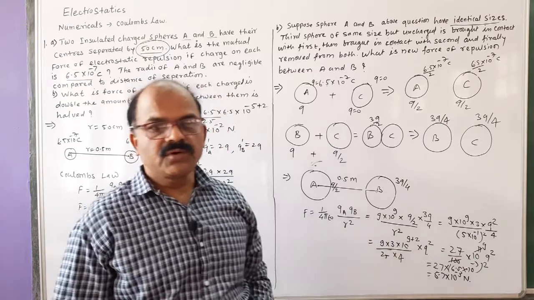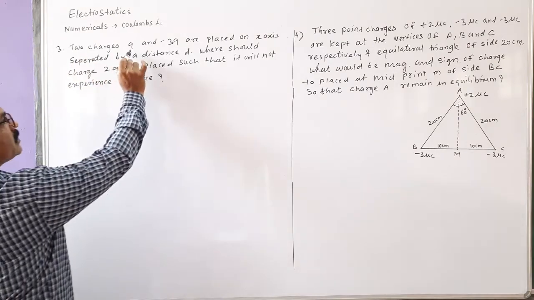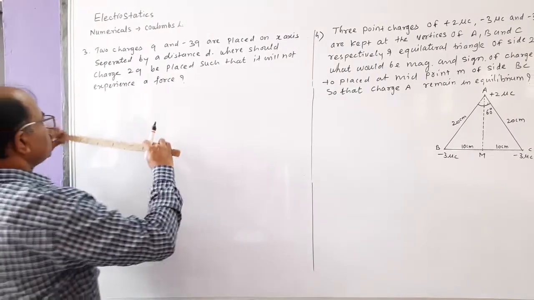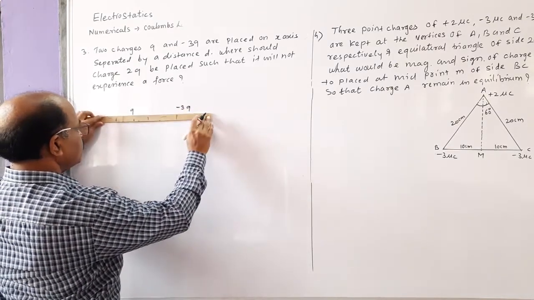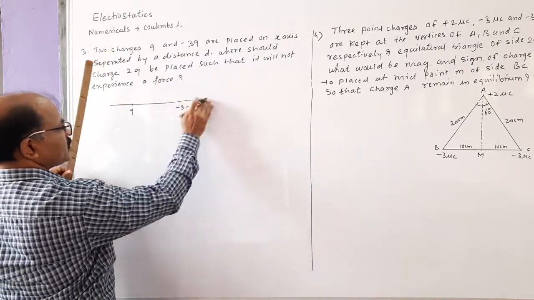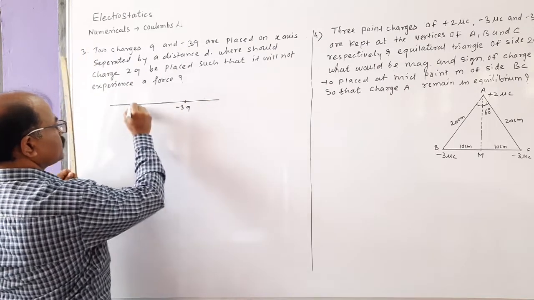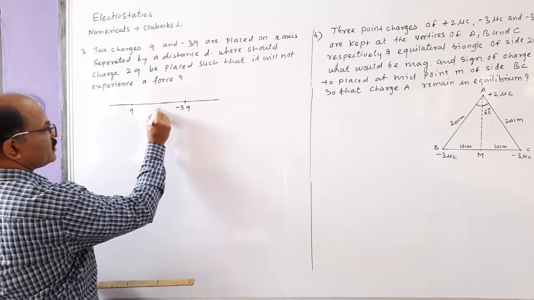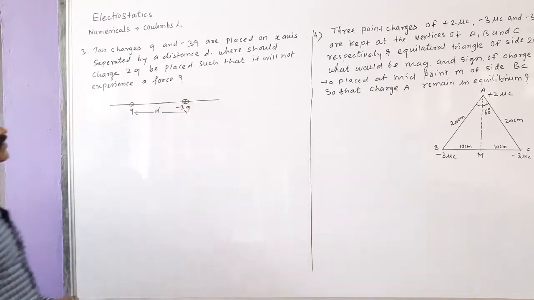Let us try some more questions. Numerical based on Coulomb's law: two charges Q and minus 3Q are placed on the x-axis, separated by a distance d.